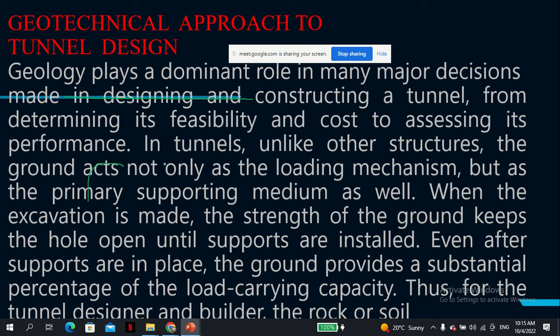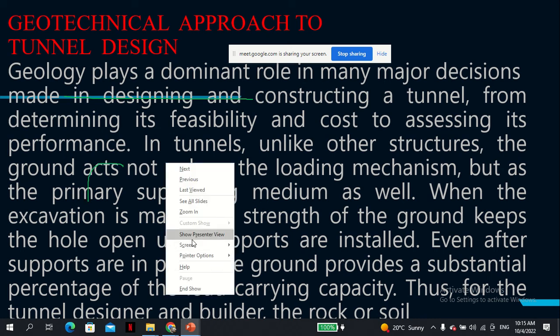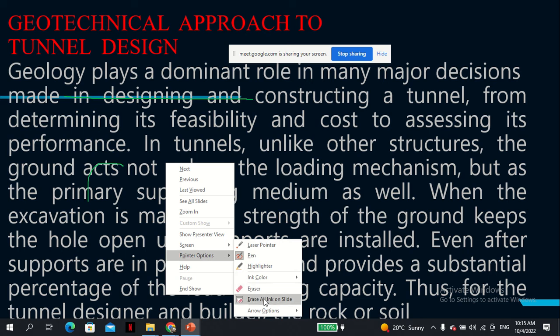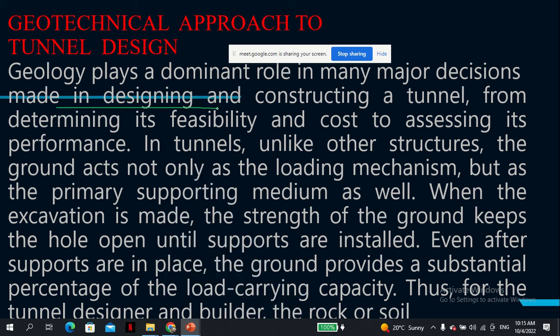First of all, if you understand your soil or the principles of soil mechanics. So please make sure you can see what I'm doing.